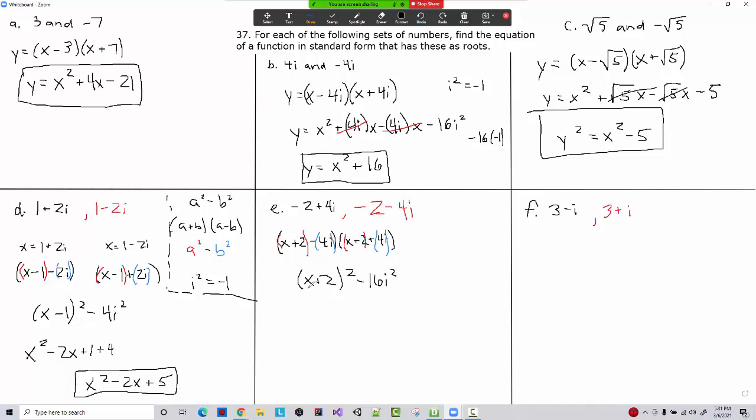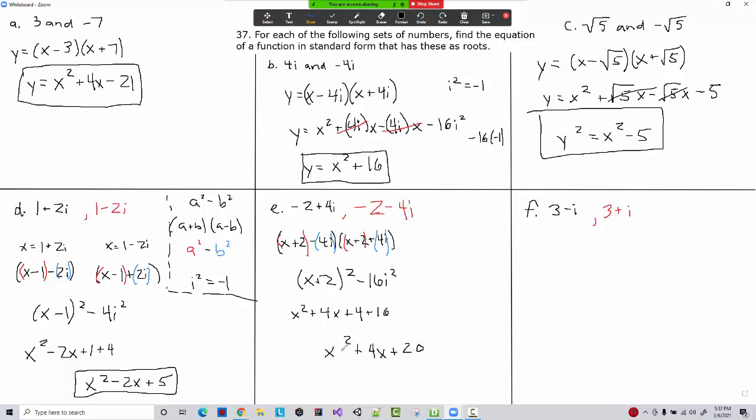And we can take x plus 2 times x plus 2. That's x squared plus 4x plus 4. Keep in mind i squared is negative 1, so negative 16 times negative 1 is plus 16. So when I combine all this, it's x squared plus 4x plus 20.